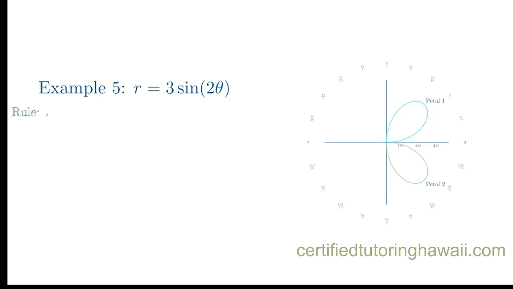As we continue the full 360-degree rotation, the graph will repeat, tracing over itself. So, our rose has two petals. In general, a function of the form r equals a sine of n theta has two n petals if n is an even integer. We've now seen how trigonometric functions create complex and beautiful patterns in polar coordinates.